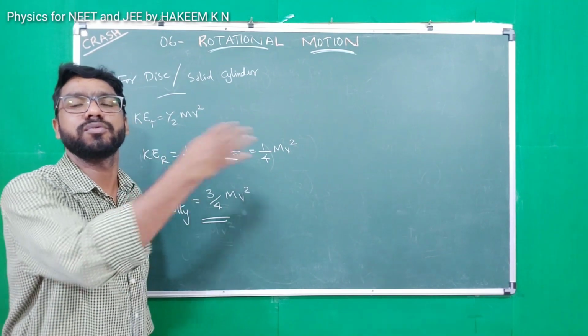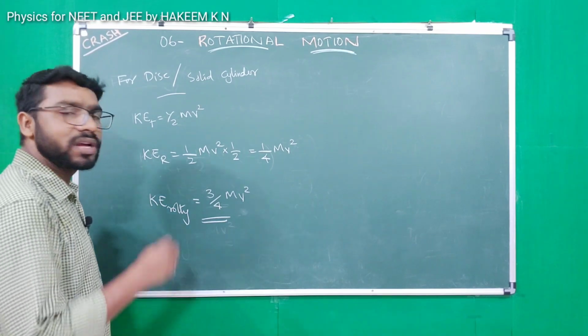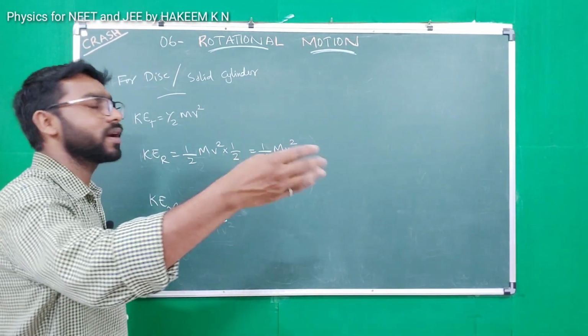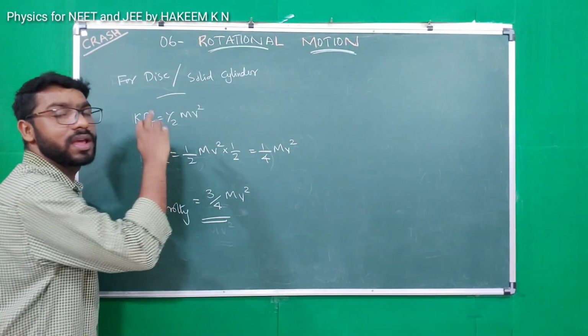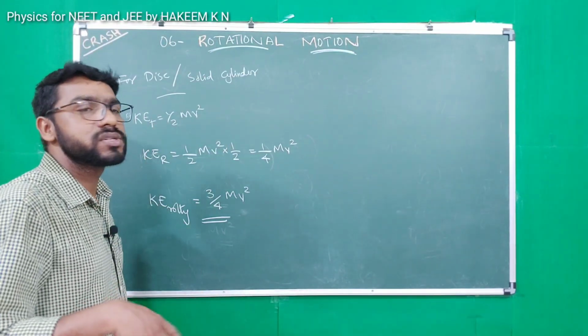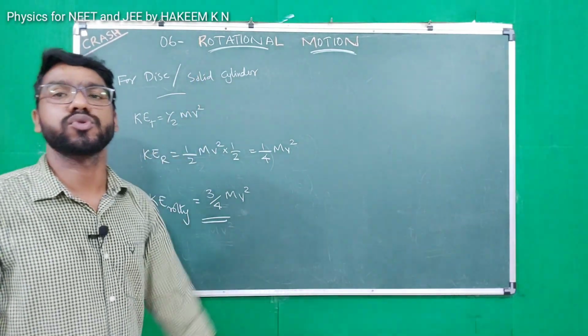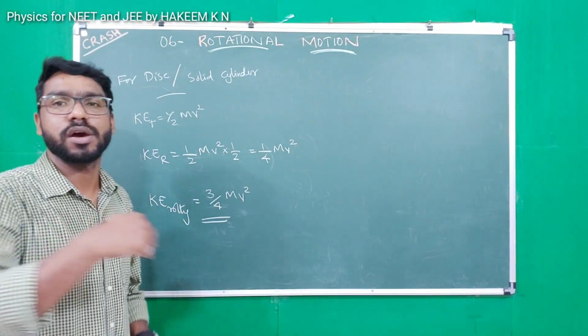When we convert into percentage, it will be 33.333 something. So 33.3% kinetic energy is rotational and 66.6% kinetic energy is translational for a disc or solid cylinder when it is rolling.